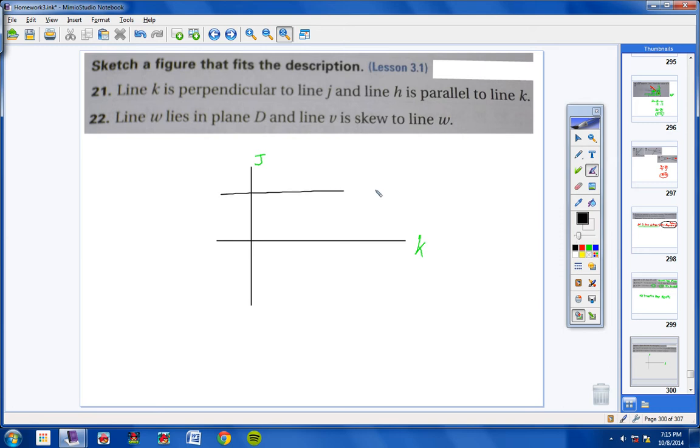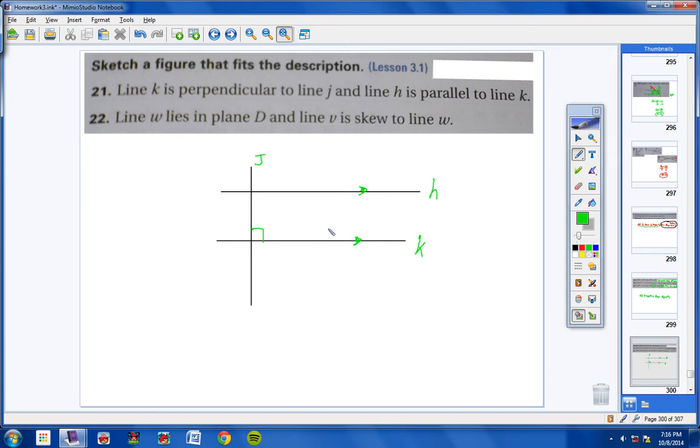So line H is parallel to K. There we go. K is perpendicular to J. H is parallel to K. So an arrow here and an arrow here. All right. Okay, number 22.